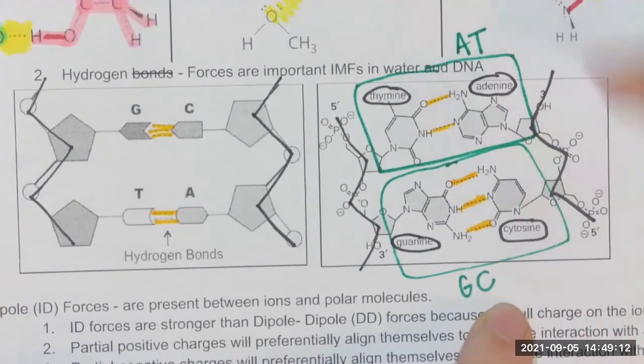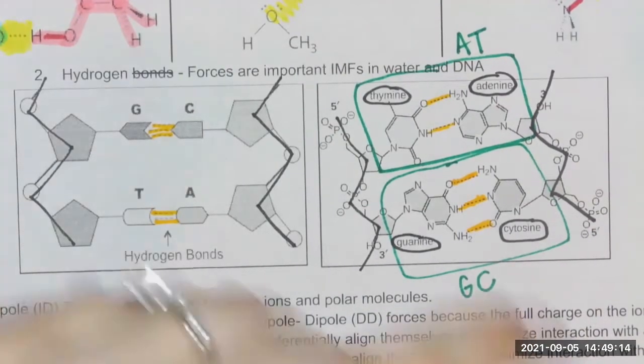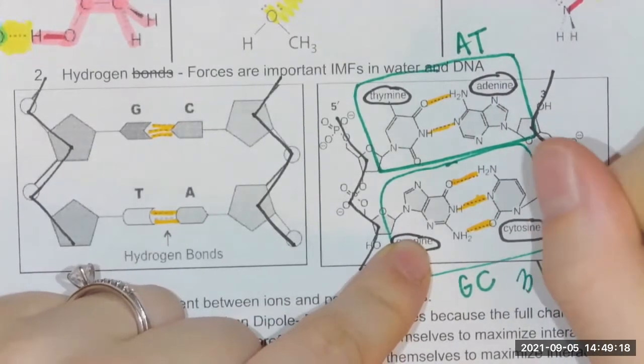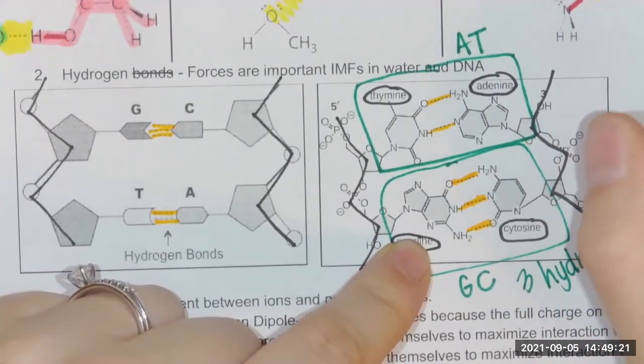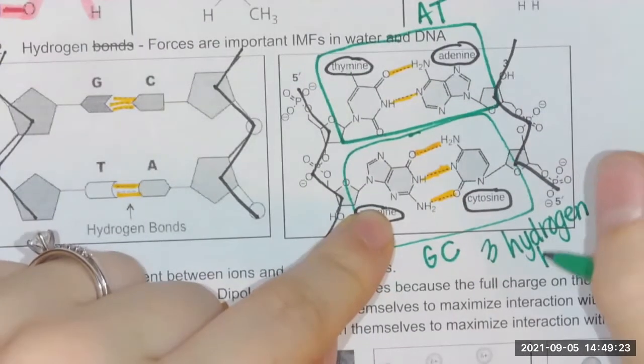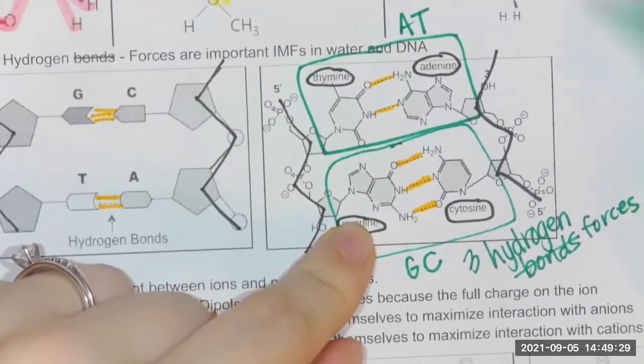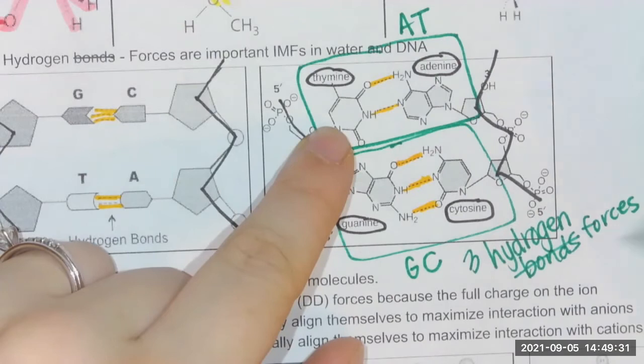And they'd probably show you a picture and you'd say, oh, well, the GC has 3 hydrogen bonds, but I don't like that word, has 3 hydrogen forces, while this one only has 2.